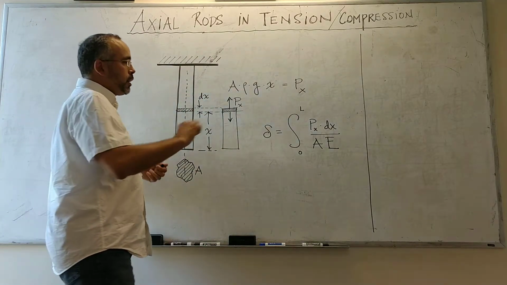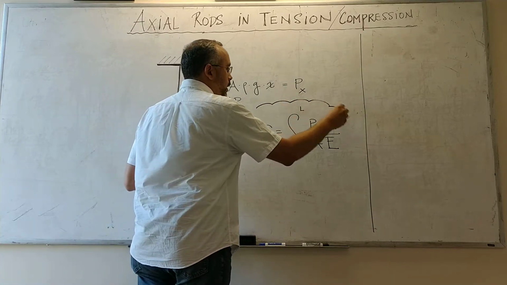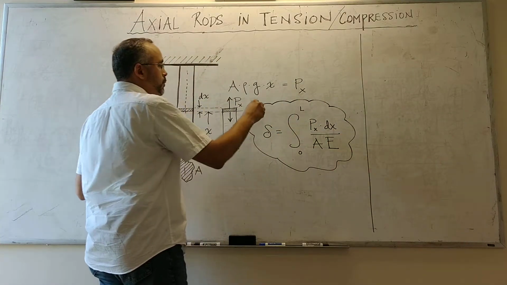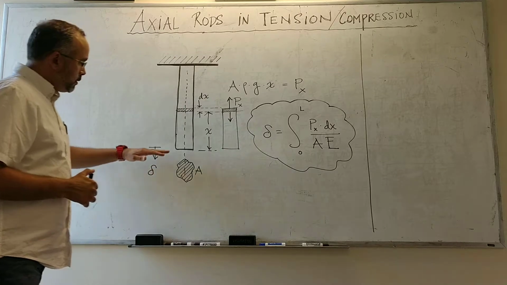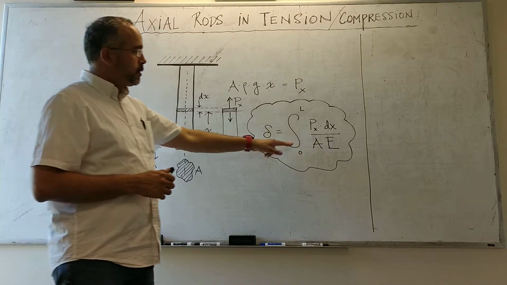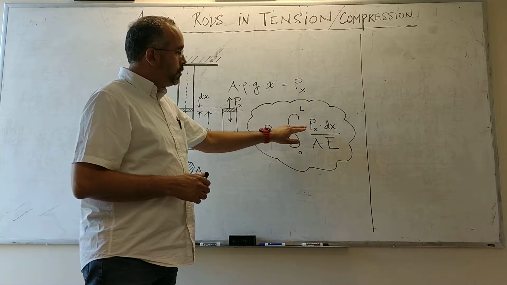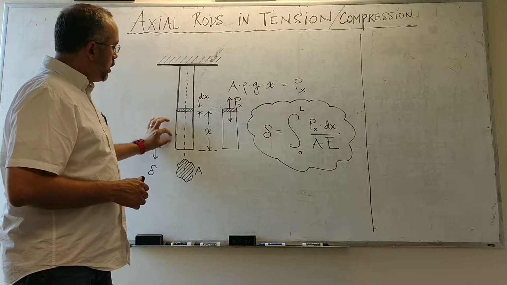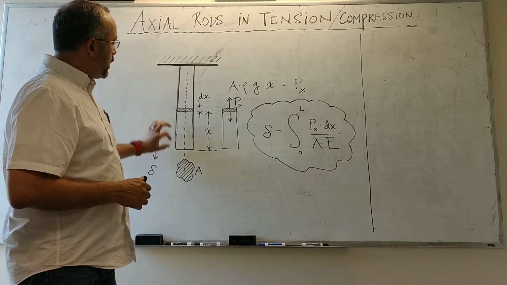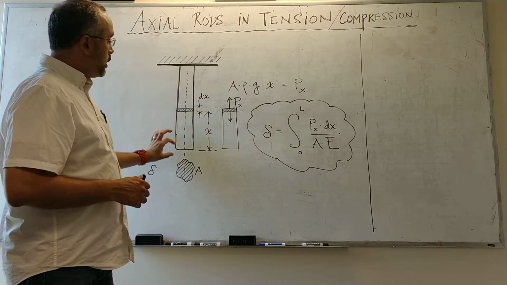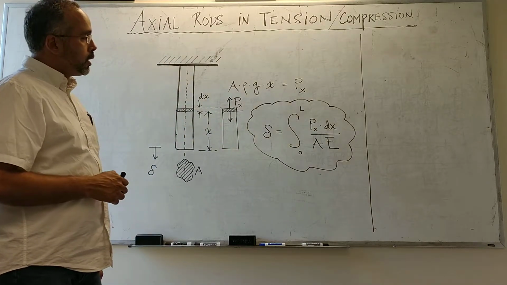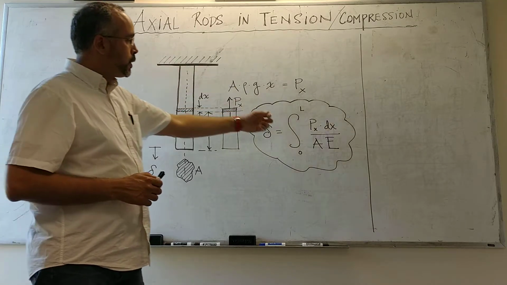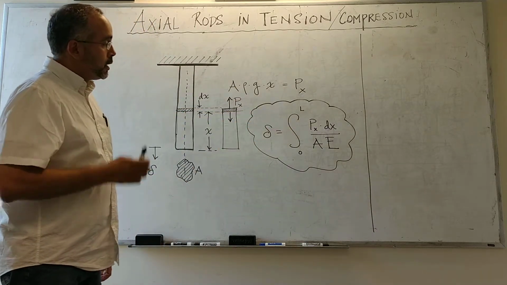So using our fundamental formula, we can find the vertical deflection as the integral of the total deformation of each one of these infinitesimal slices that make up the whole rod. And since there are an infinite number of them, we have to use an integral.